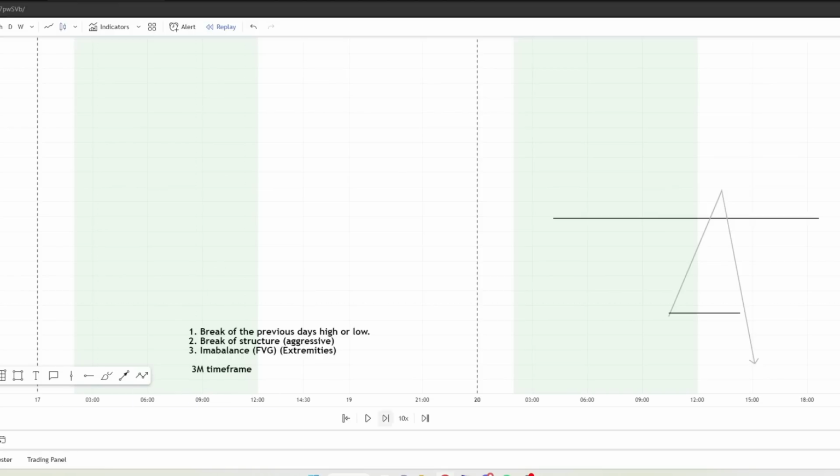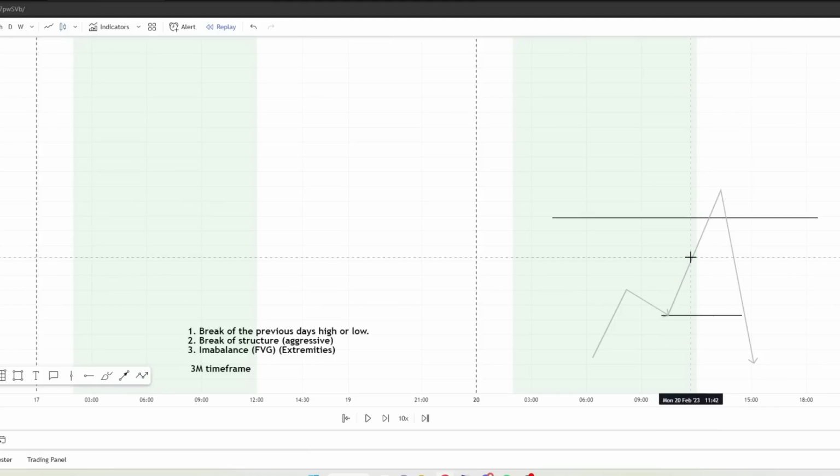Okay, so for example, price had moved previously like so. Okay, we would want price to now come and break this higher low that was created before. It has to only be the most recent low that broke. Okay, and you'll see in the example what I mean by that.